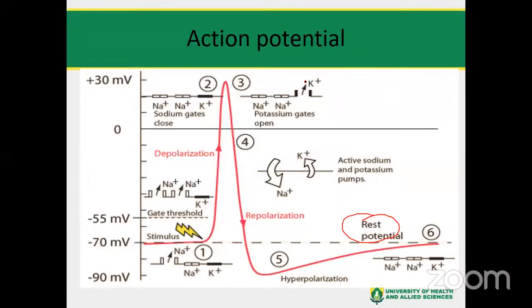There is an efflux of potassium ion, and as potassium moves out, it tries to bring the membrane potential to its equilibrium potential, which is minus 90 millivolts. They open for a longer period of time, so they drive the membrane potential past the resting membrane potential and toward minus 90 millivolts.